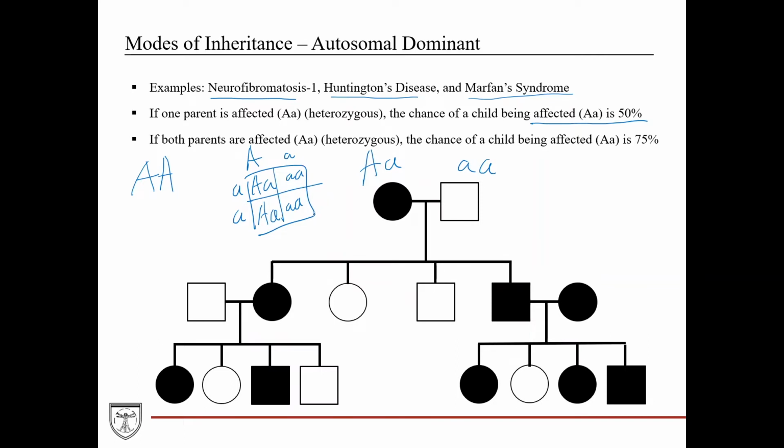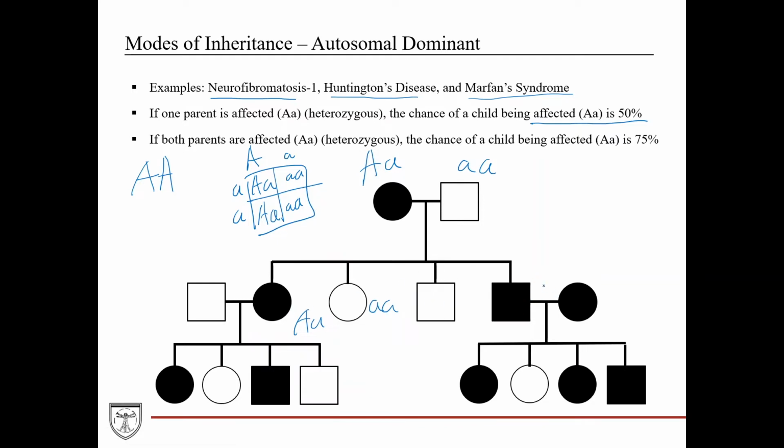And again, these Punnett squares are really important because worst case scenario, if you forget the percentage on the test, you can always just draw this out in the margin or on a scratch piece of paper, and then you can get the answer that way. So if you look at this couple's children, they had 4 children, and half of them were affected, and half of them were not. So half were homozygous recessive and half were heterozygous.